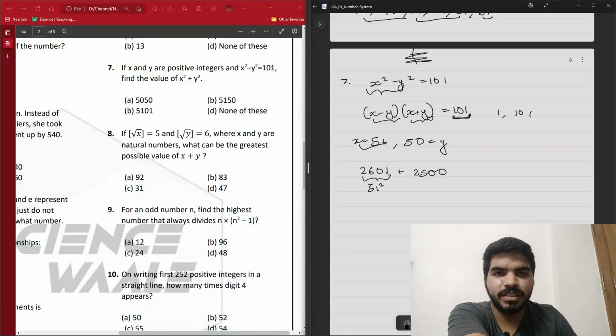51 is 1 greater than 50. So we will add 25, that means half of it, plus 1, that is 26, and add the square of this number part, that is 01.